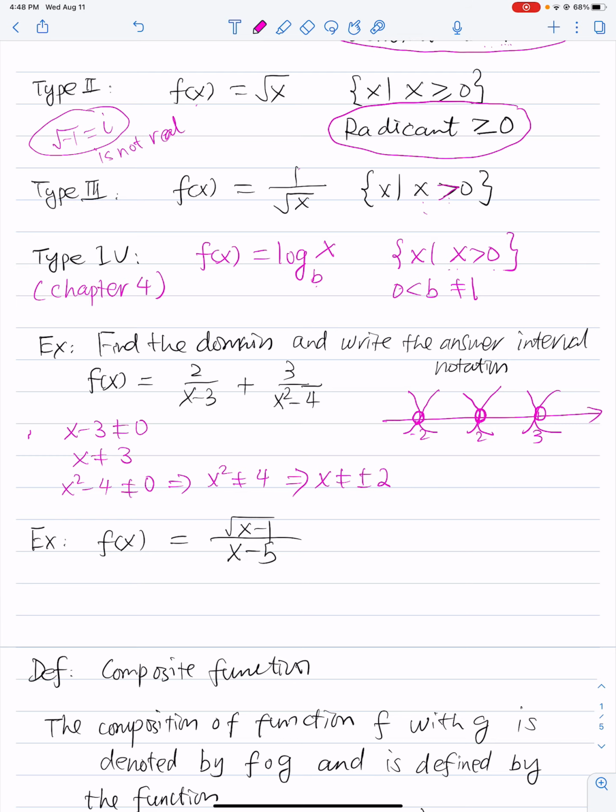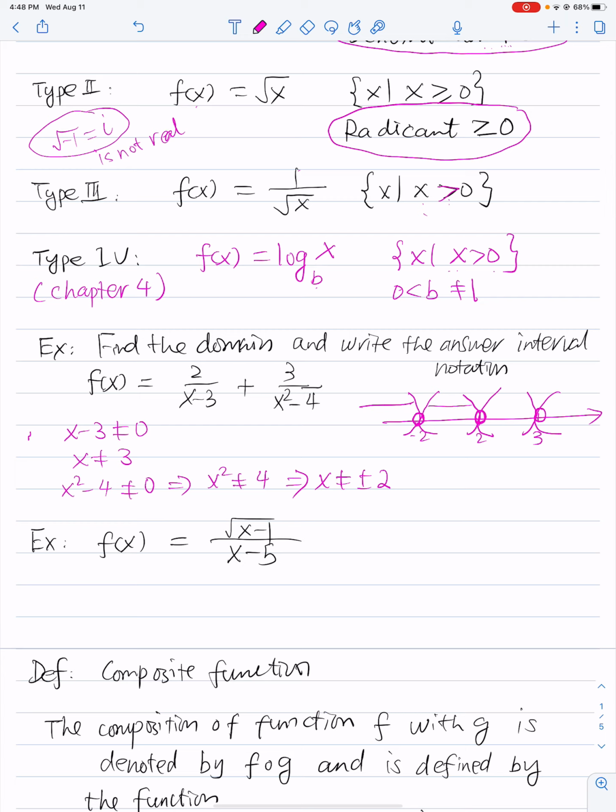So what will be the interval notation now? It will be negative infinity to negative 2, union negative 2 to 2, union 2 to 3, union 3 to infinity.